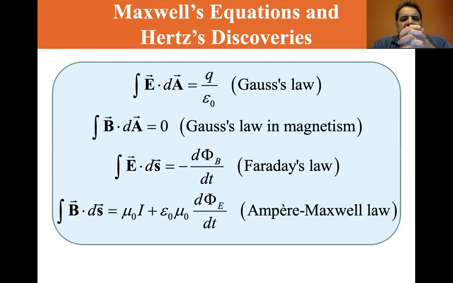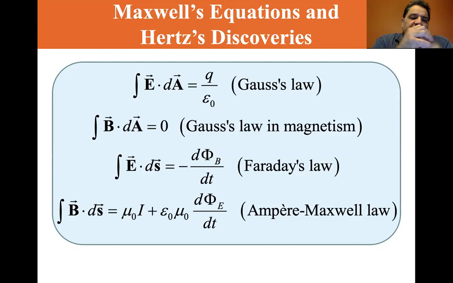Whereas we could isolate a positive charge or a negative charge and put it inside a surface and get an electric field, when it comes to magnetic fields, you cannot isolate a north pole or a south pole. There are no magnetic monopoles. They're always going to come in pairs, the north and the south pole. So when the magnetic field lines make a loop, if one enters a surface, one is going to exit the surface. The total is 0, and that's Gauss's law in magnetism.